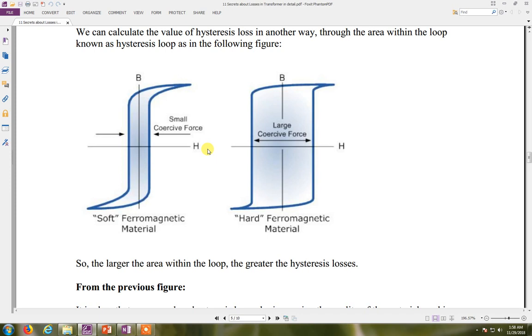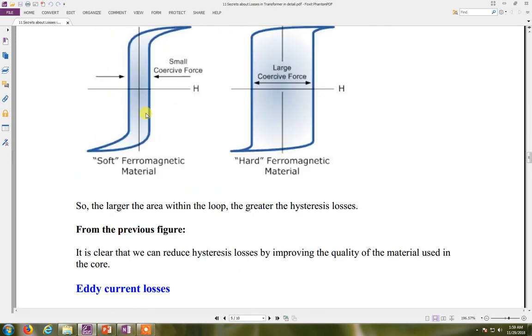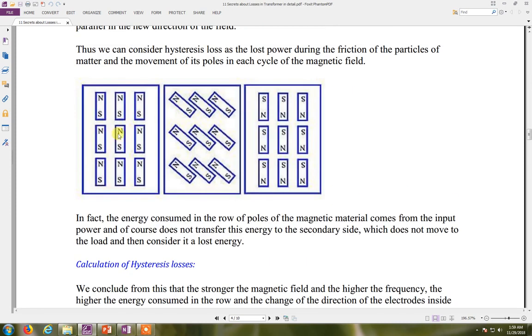Okay. So here I is the variable, N is fixed. If we keep increasing I, then the flux will increase. At a point, if we keep increasing the current, the flux will not increase any more. If we then reduce the current, that means the intensity, the flux density will reduce only slightly. But when the current is 0, there is some magnetism inside the material. That means the north and south poles remain in an arrangement.